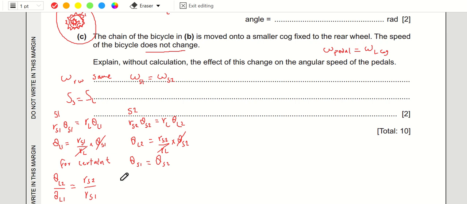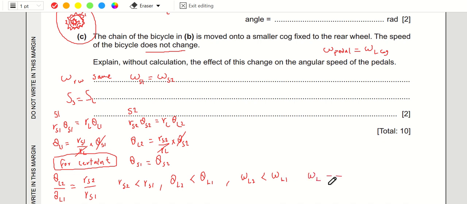And as R S2 is less than R S1, theta L2 will be less than theta L1. And again, for the same time, this means that omega L2 will be less than omega L1, so the angular speed of the large cog decreases.